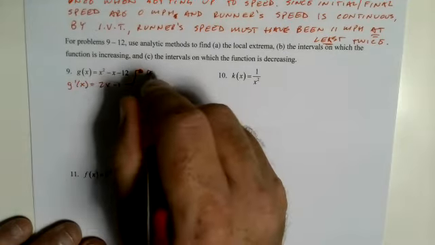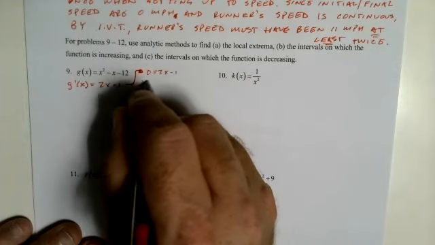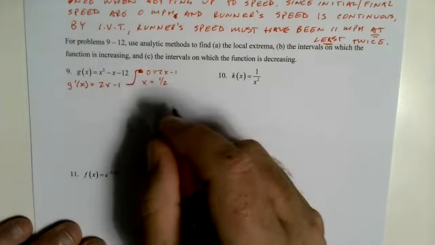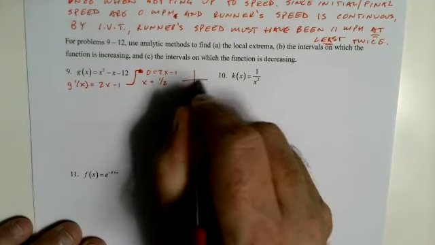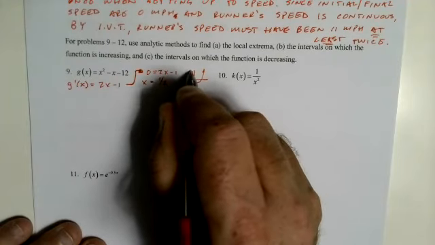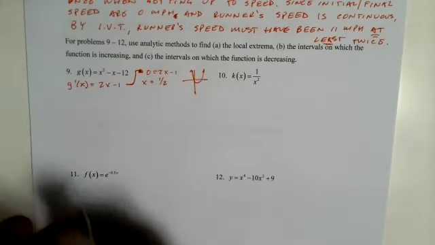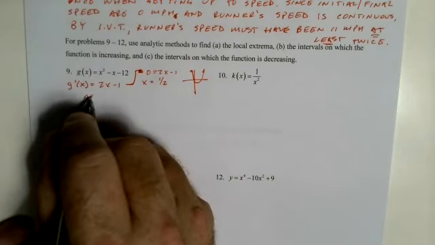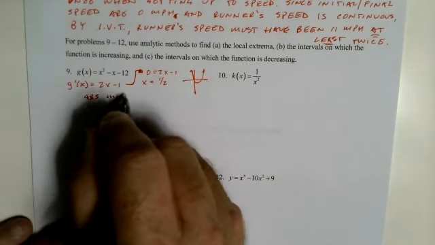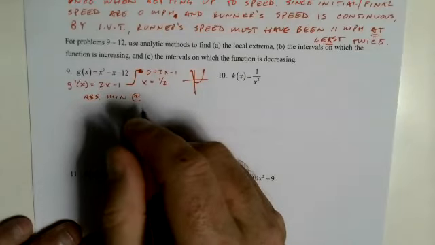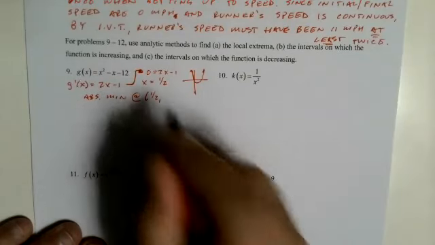Zero equals 2x minus 1, x equals 1/2. So some sort of graph like that. So there is an absolute min at 1/2.